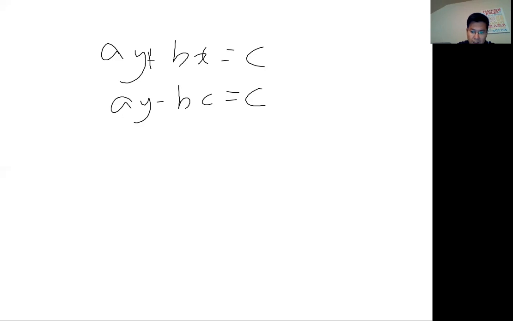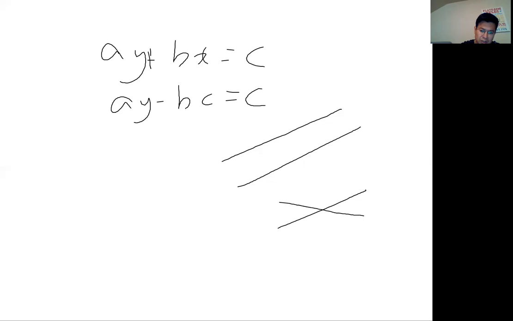The answer choices say two parallel lines, two intersecting lines, and one single line. Two parallel lines means the slope is equal to each other, but the y-intercept is different. If the slope is different, then you have two intersecting lines. And if the slope is equal and the y-intercept is also equal, then you have one single line.